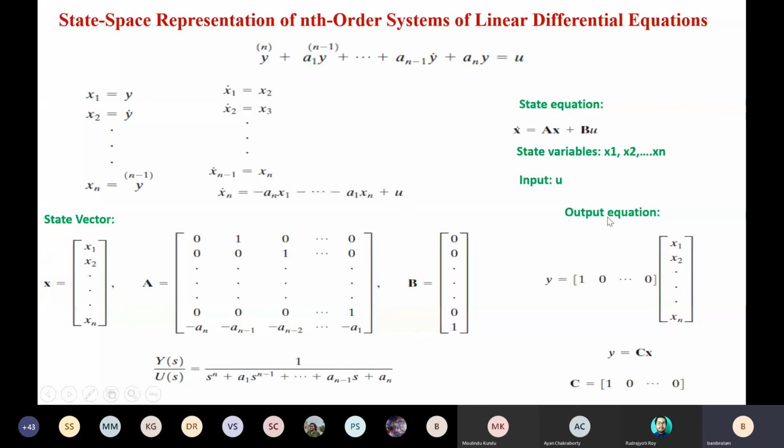The other is called the output equation, which is y equals to c into x for this particular example. Okay. And finally, we have to find the output by input. So y is the output, u is the input, then Y(s) by U(s) will be in transfer function form, and that I have to write.